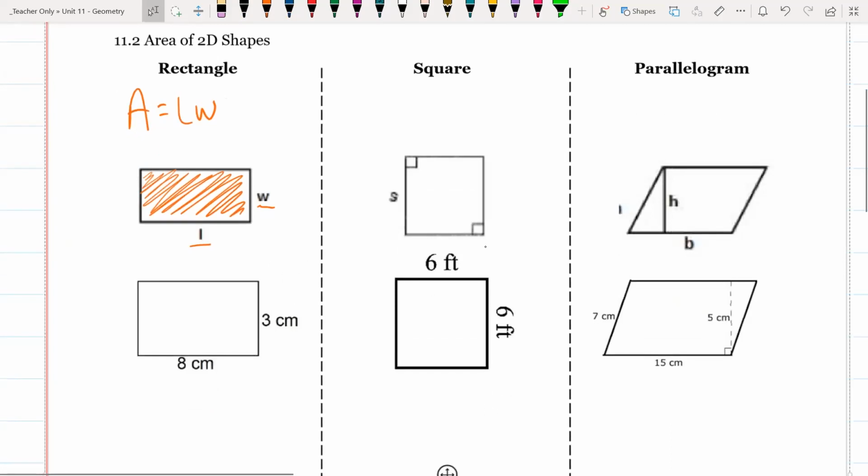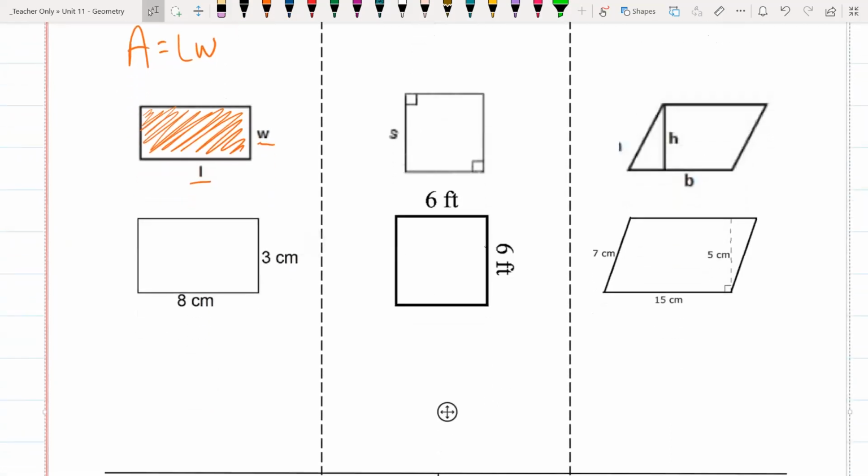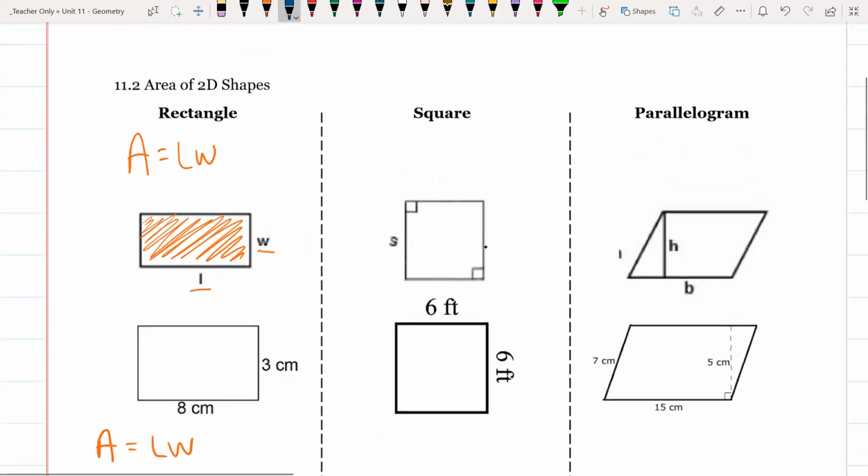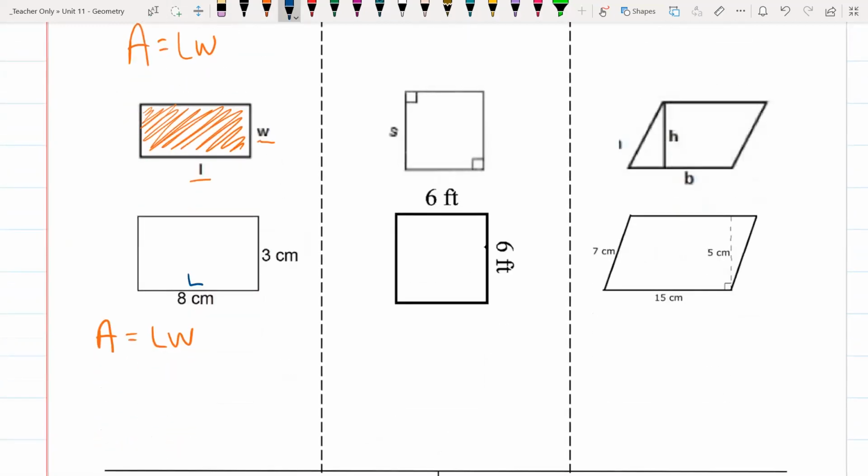When I'm solving a problem for area, I'm always going to want to write the formula first. So I'm always going to write, okay, this is a rectangle. I know area is length times width. Then I want to identify what my length and my width is. So in this scenario, my length is going to be this 8 centimeters, and my width is going to be 3 centimeters, because that's how wide the shape is.